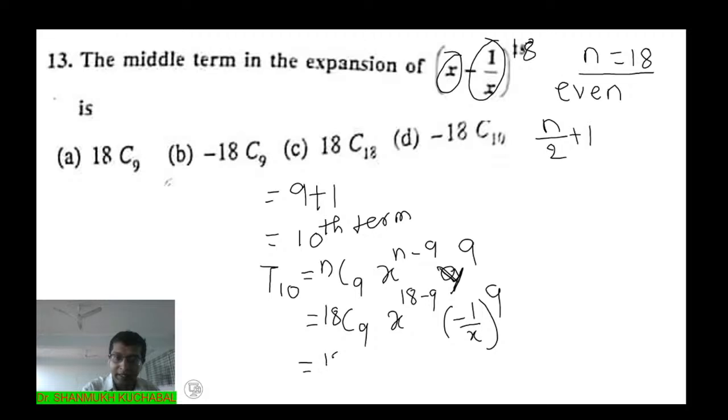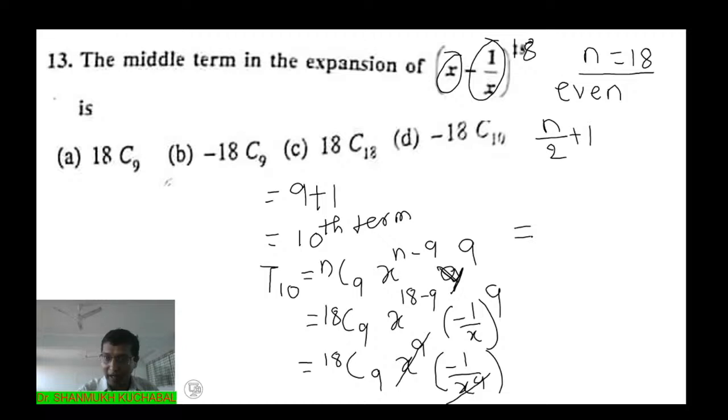It is 18C9, x raised to 18 minus 9, and here it is minus 1 divided by x raised to 9. So the numerator x raised to 9 and the denominator x raised to 9 get cancelled. So we get the answer with the minus sign outside, 18C9.